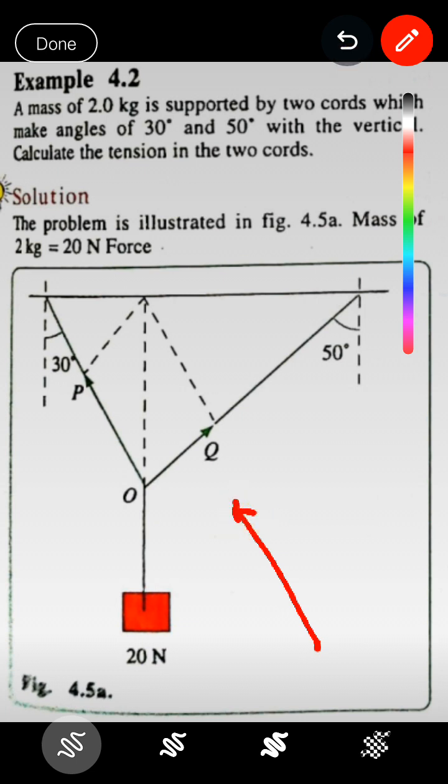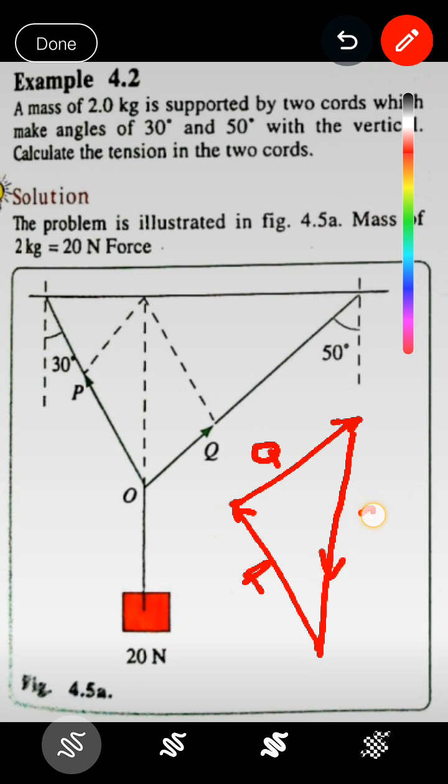So if this is P and then Q goes this way, so if this is Q, then the 20 Newton force goes vertically downward.